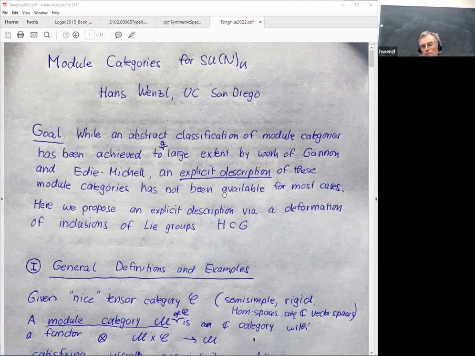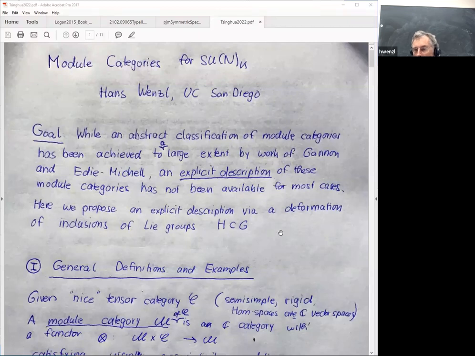This is given by something called a modular invariant, which is essentially certain matrices with integer coefficients. So this is mostly just a combinatorial problem. But having this, there's still the problem of finding an explicit description of these module categories. Some of them were kind of mysterious, and again, I will explain this in detail.